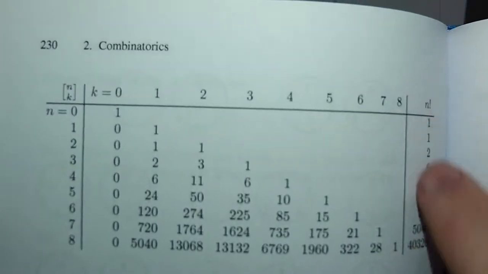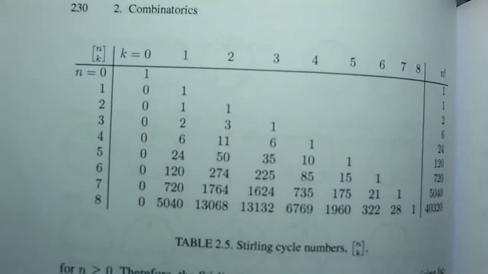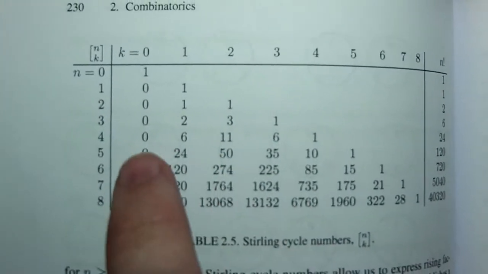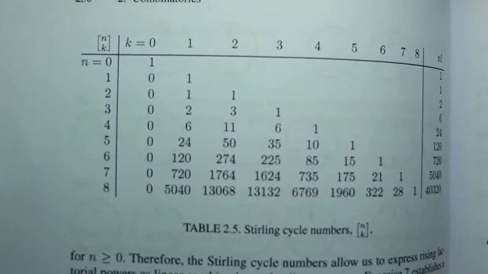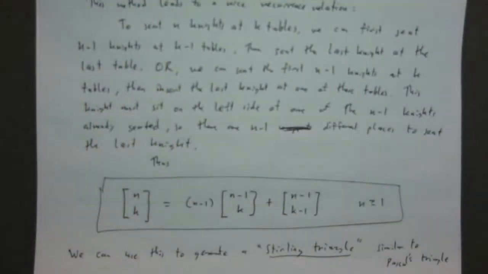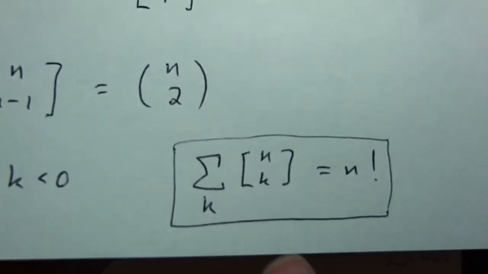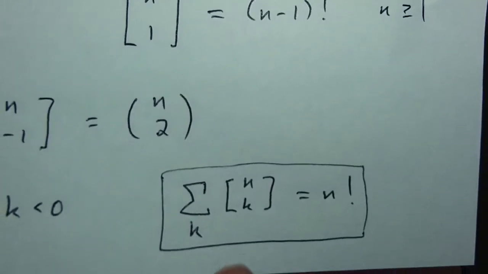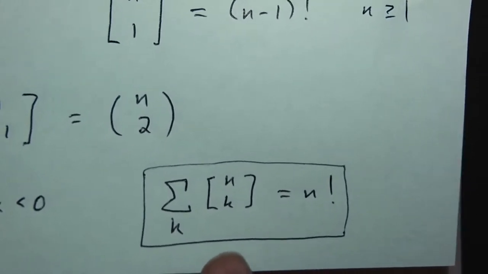Notice on the right-hand side, we are taking the sum across the rows, which is the sum across the k's, right? For a fixed n, it's a sum across the k's. But we already showed that a sum across the k's gives us n factorial, because ultimately these are counting the number of permutations in S sub n having exactly k cycles.